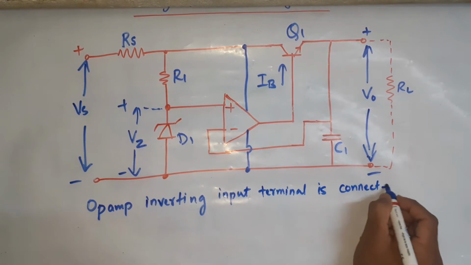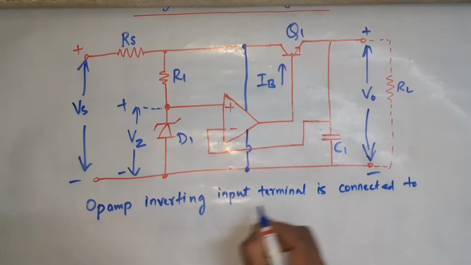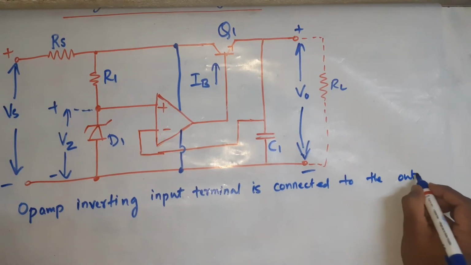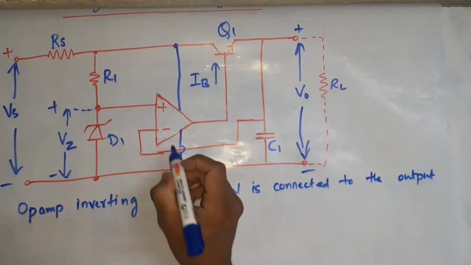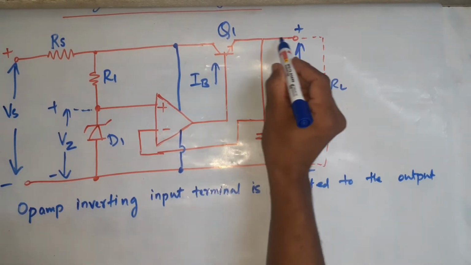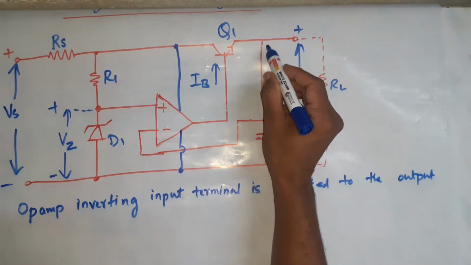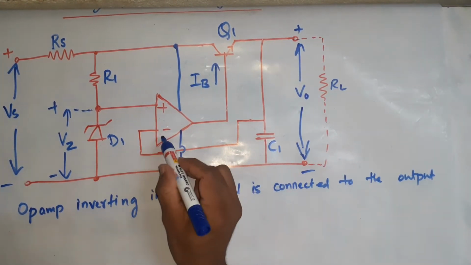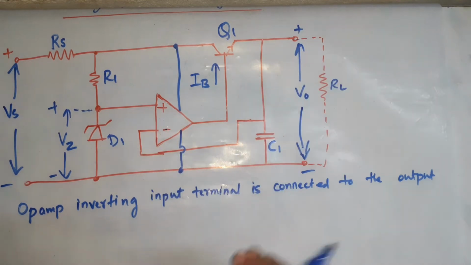Just see, it is connected to the output, right? Where is this point? This is our V0. So this point is directly connected to the output.